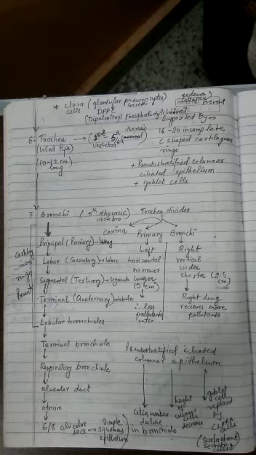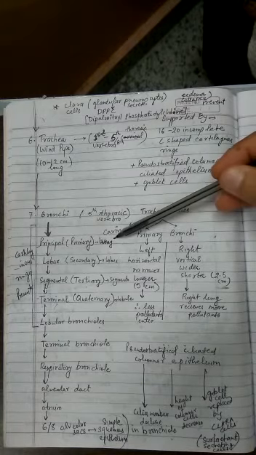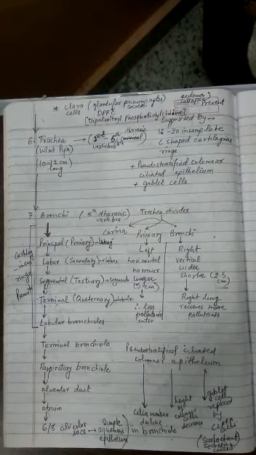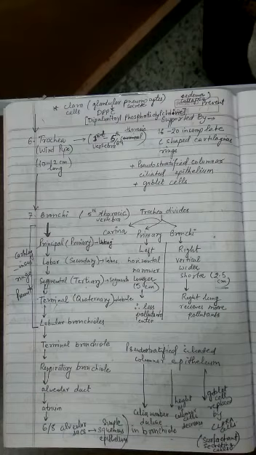And we learned that the trachea divides into two primary bronchi, which are also called principal bronchi. The principal bronchi are the ones which enter into the lung, because there are two lungs, so there are two primary or principal bronchi. Then the principal bronchi divide into secondary bronchi, which enter into the lobes of the lung.